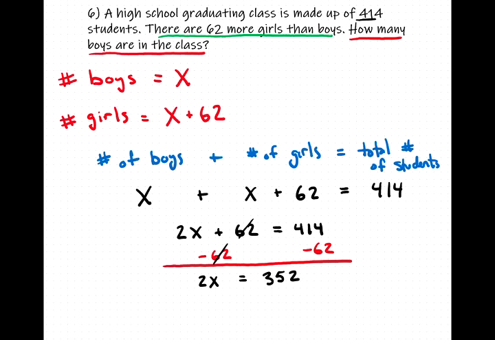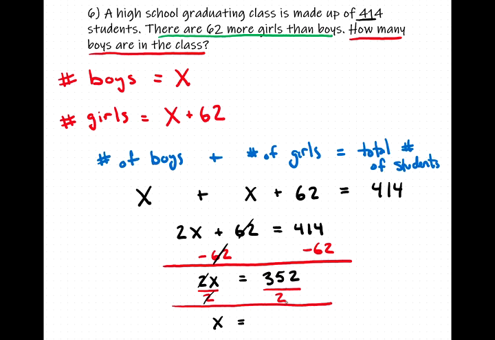Now finally, we have 2 times x. So to get rid of the times 2, we will divide by 2. And on the left, the x times 2, divide by 2, the 2s cancel. So we have x is equal to, well, 352.